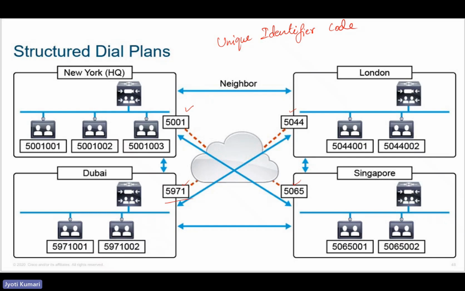So the call flow will be based on the prefix first. If it finds the specific prefix, it will only send it to that particular location and not others. But without the use of a unique identifier code, it would go to all the neighbors, as we discussed earlier. So this is an enhancement to the flat dial plan: we can have a structured dial plan with the use of a unique prefix, which is called a unique identifier code.